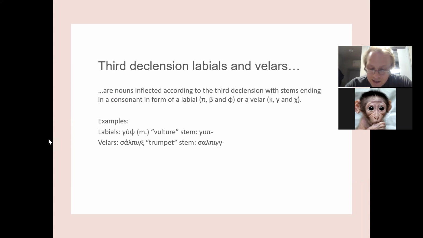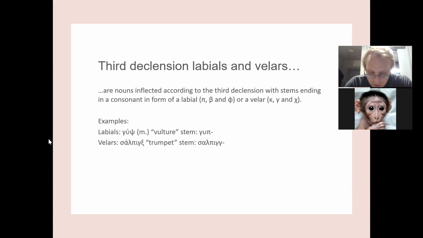And when this S sound combines with the final consonant in the stem of the noun, the ending changes to either a psi or xi, depending on whether the final consonant of the stem is a labial or a velar.